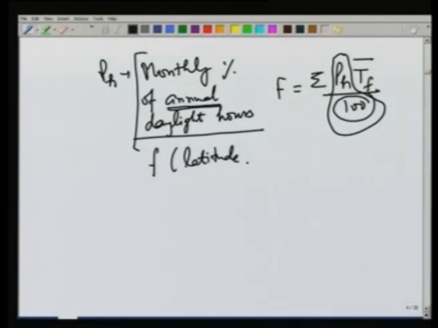So, as we know, as we increase the latitude, the number of daylight hours will typically decrease, and so this p_h decreases with increase in latitude.